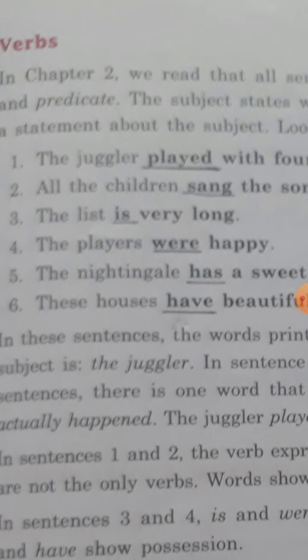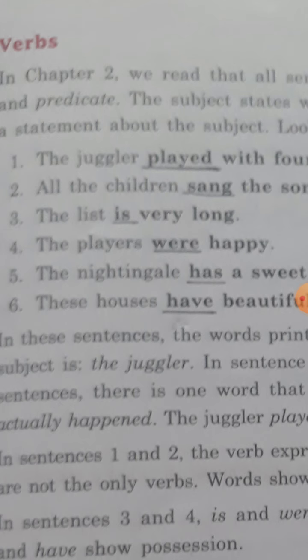And in this case, what is the complement or the object? That you have to understand. So, all the children sang what? Sang the song. So, the song is answering the question what, which means it's an object. You have to understand what an object is by asking whether it answers the question what.